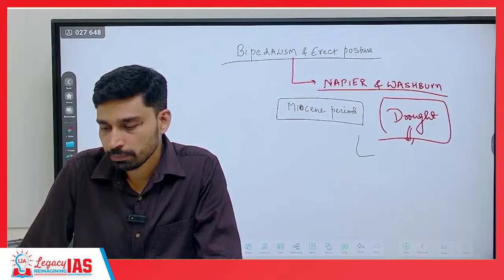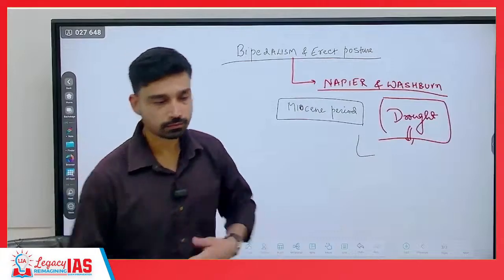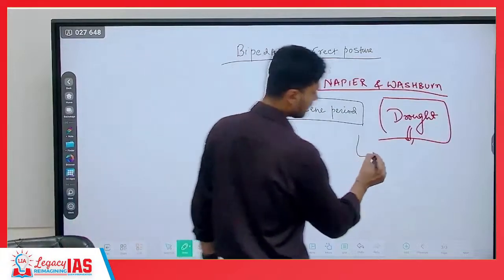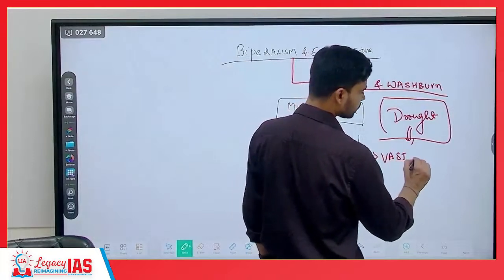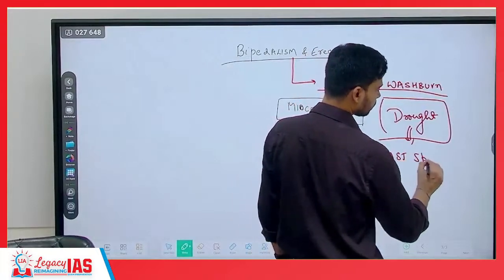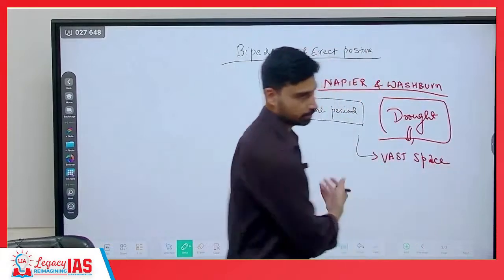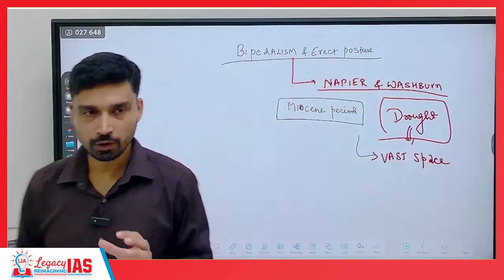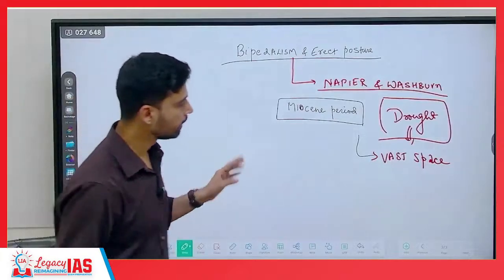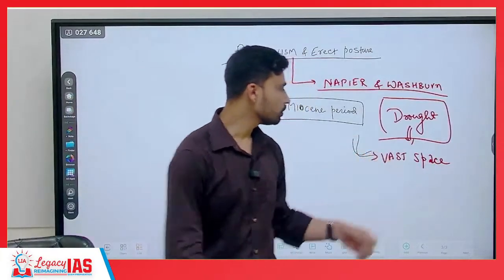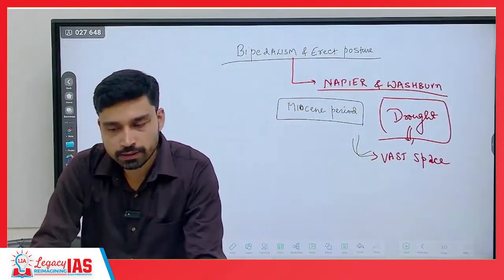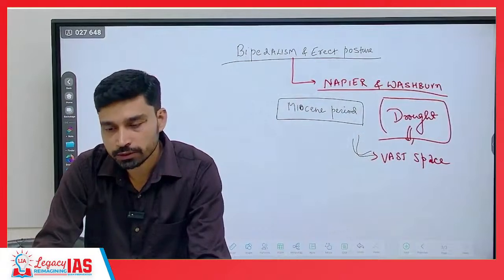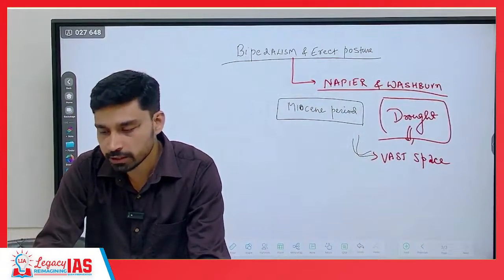So now their habitat is changing. Earlier they had a limited area of movement because of the presence of dense forest. So the habitat is changing, and now these primates have to navigate their way in a vast space. So the habitat changed to a vast, wide space.